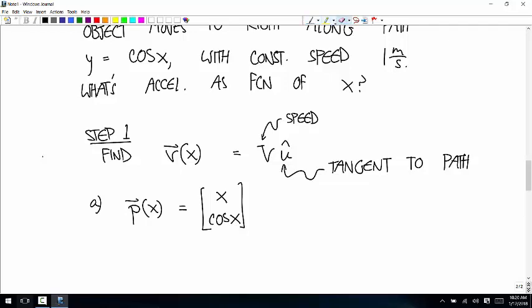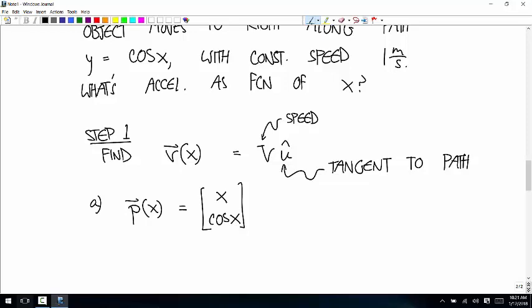I think this was in Calc 3, four weeks ago? That's a parameterization for this object. At any given x value, that's the position vector.